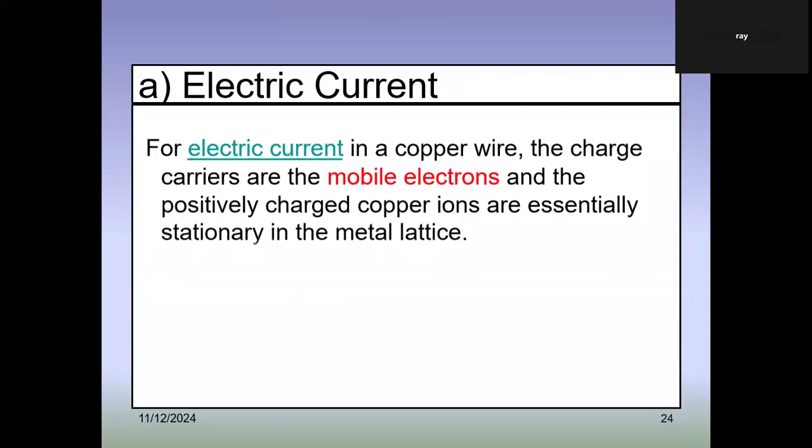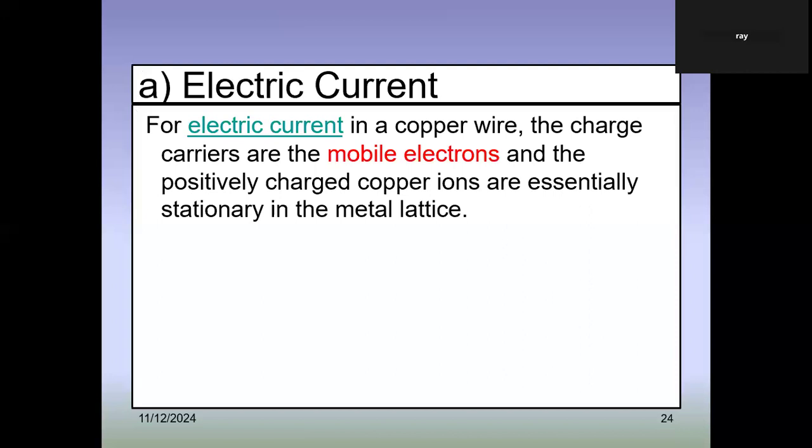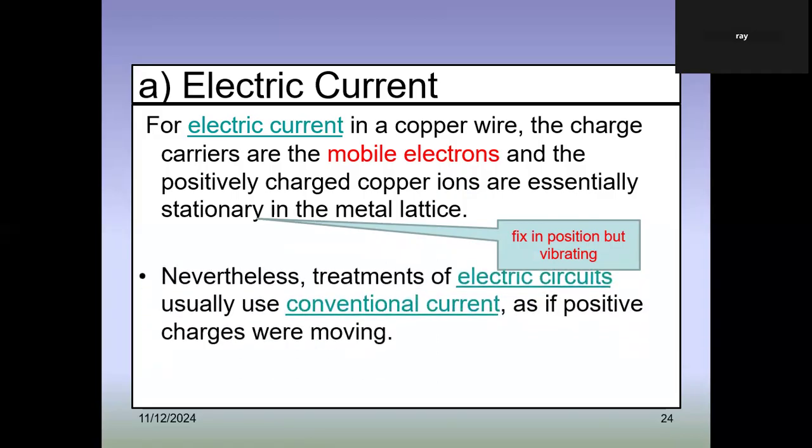Electric current in copper wire. For electric current in copper wire, the charge carriers are mobile electrons, the electrons that move, and the positive copper ions are essentially stationary in the metal lattice, not actually stationary but vibrating. Fixed in position, that's what I mean by stationary. Electron is the one that moves.